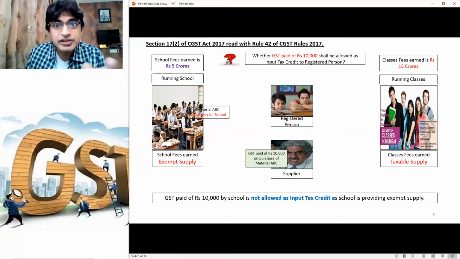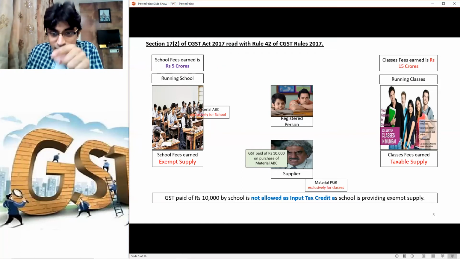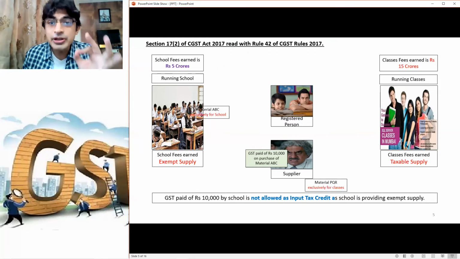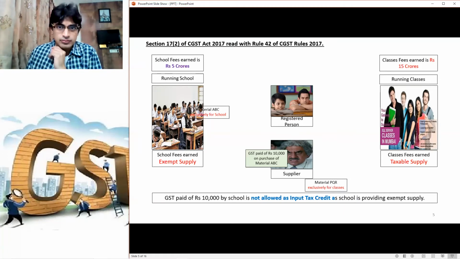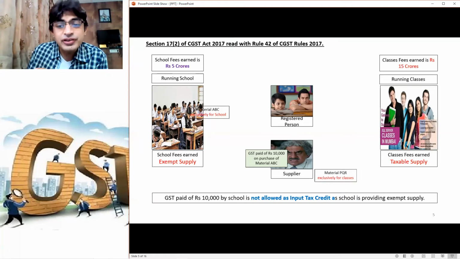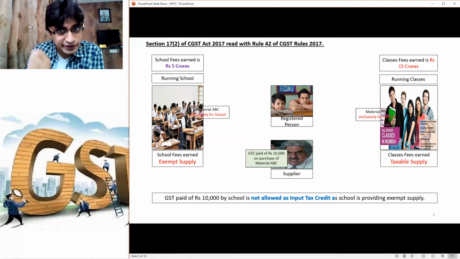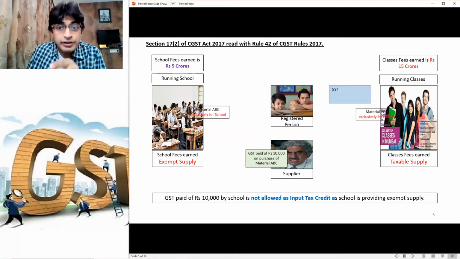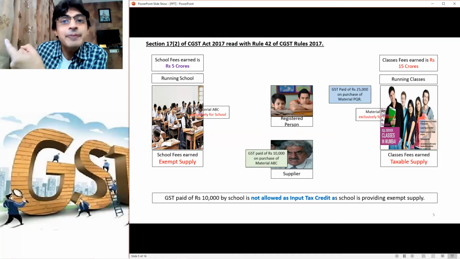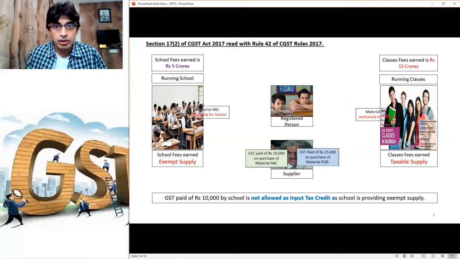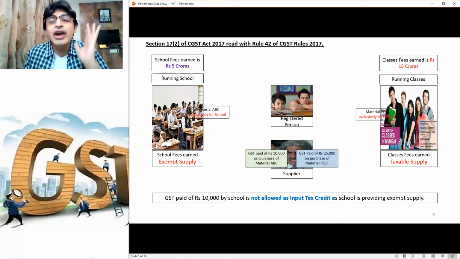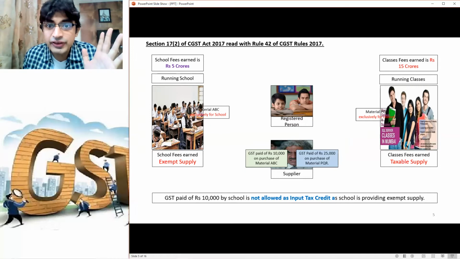But understand one more point. Now from the same supplier, Amir purchased material PQR, say another material which is exclusively used for taxable supply, classes. On this material PQR, Amir paid GST of 25,000. Now will this 25,000 be allowed as ITC?